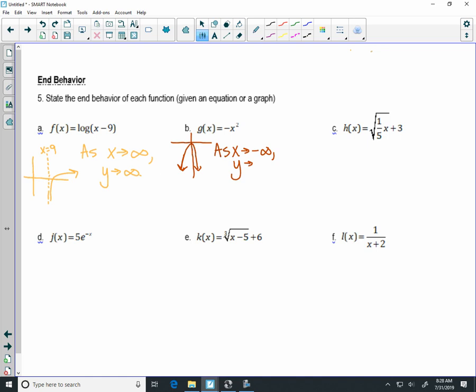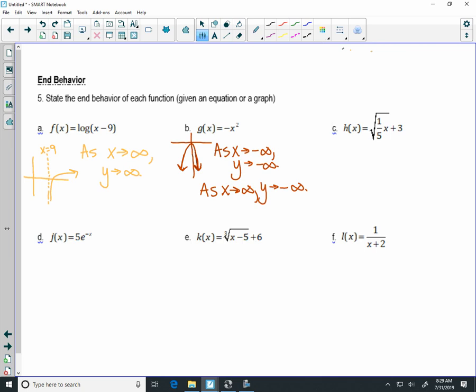Y approaches negative infinity. And as x approaches positive infinity, here we're going down forever. Y approaches negative infinity. So these end behavior problems are really just about knowing those basic transformations and the very most basic shape of each function.